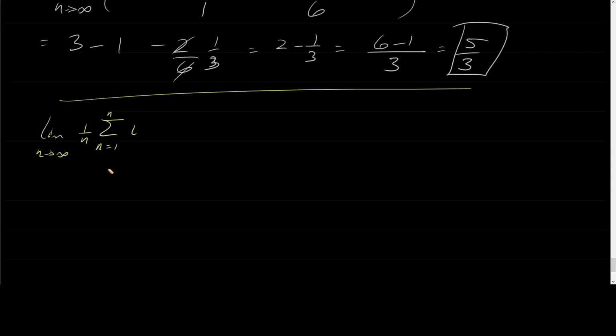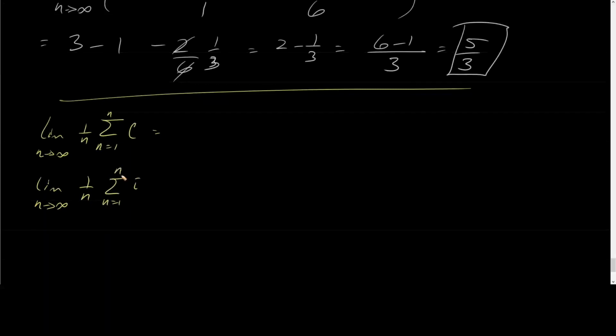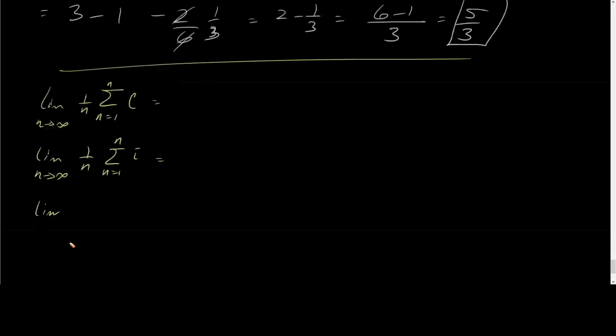Well, let's do this. I'm going to do it for the constant rule, I'm going to do it for just i, and I'll do it for all those three formulas that we spoke about.